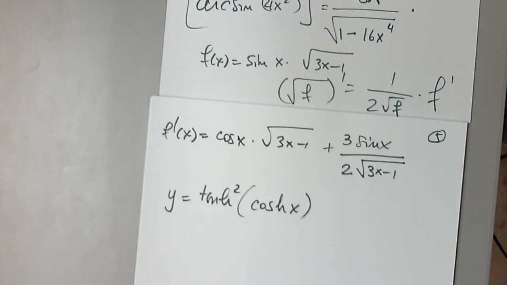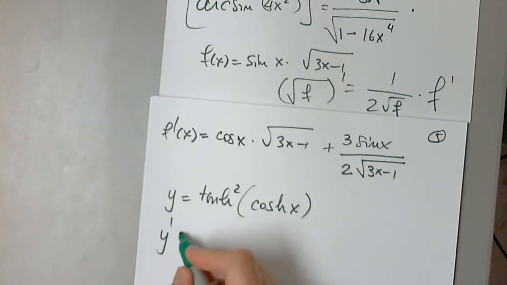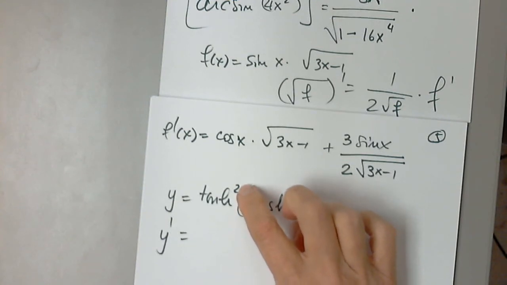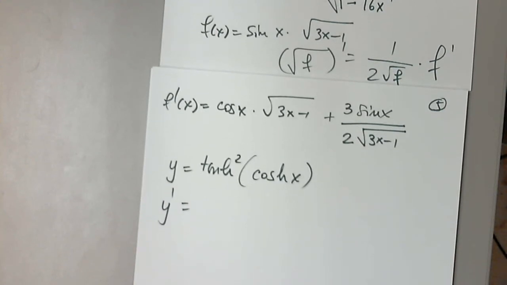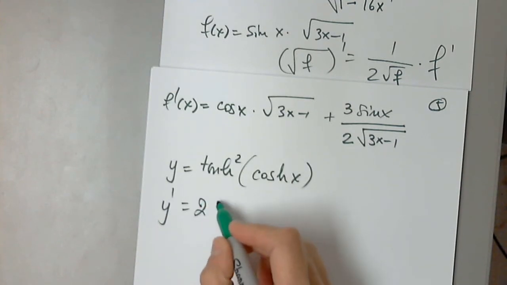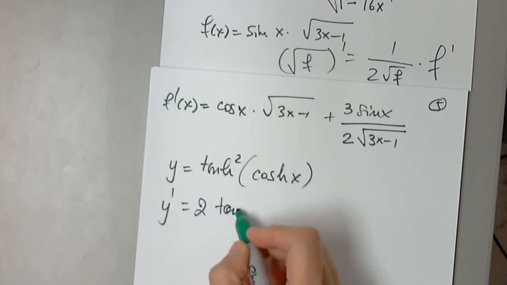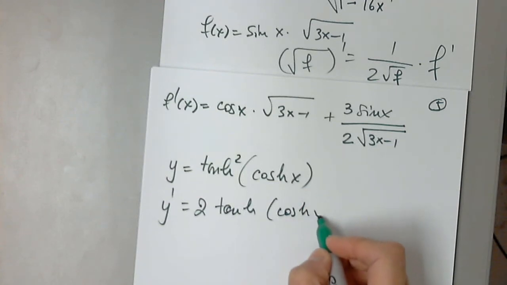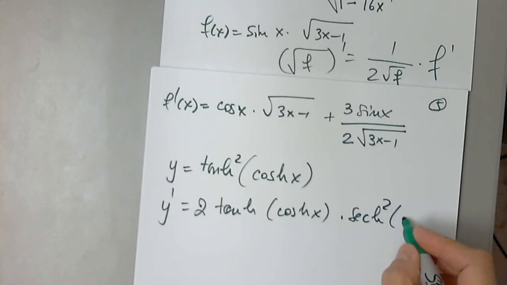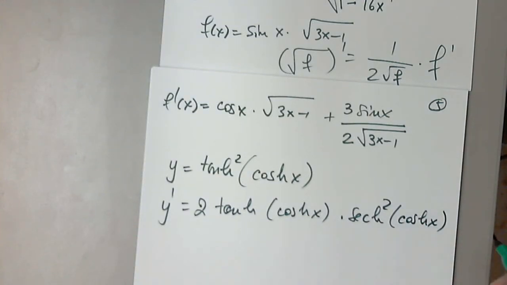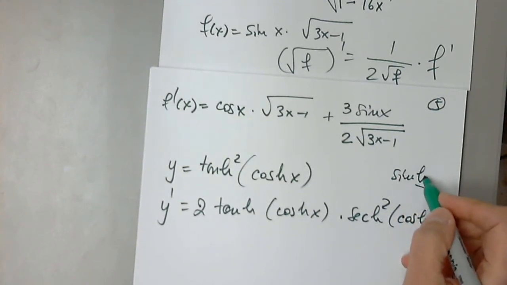Okay, do we have an answer for this? For y prime, we have 3 functions here. We have the power, we have tangent, and we have cosine, of course hyperbolic tangent, hyperbolic cosine. 2 times hyperbolic tangent of cosine x times hyperbolic secant squared of cosine x, and times, you're not surprised, right, times hyperbolic sine.